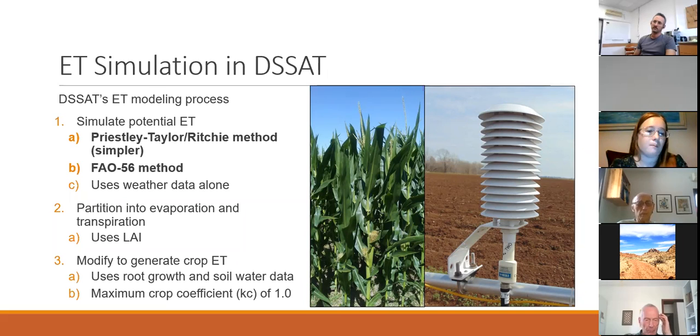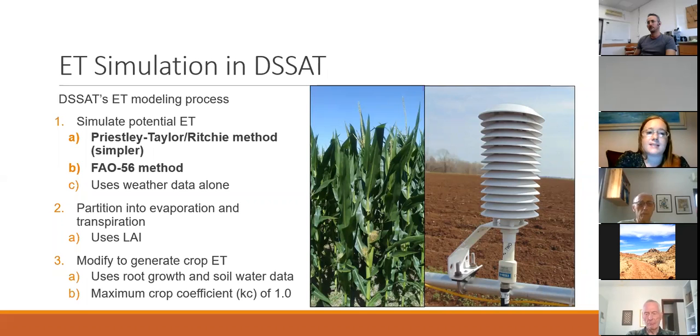So I'm looking at both methods and comparing and contrasting them to each other. Our hypothesis is that the FAO 56 method might provide a bit better simulation, just because it includes the wind speed and solar irradiation into its estimate of potential ET, which can usually give you a bit of a more precise estimate.